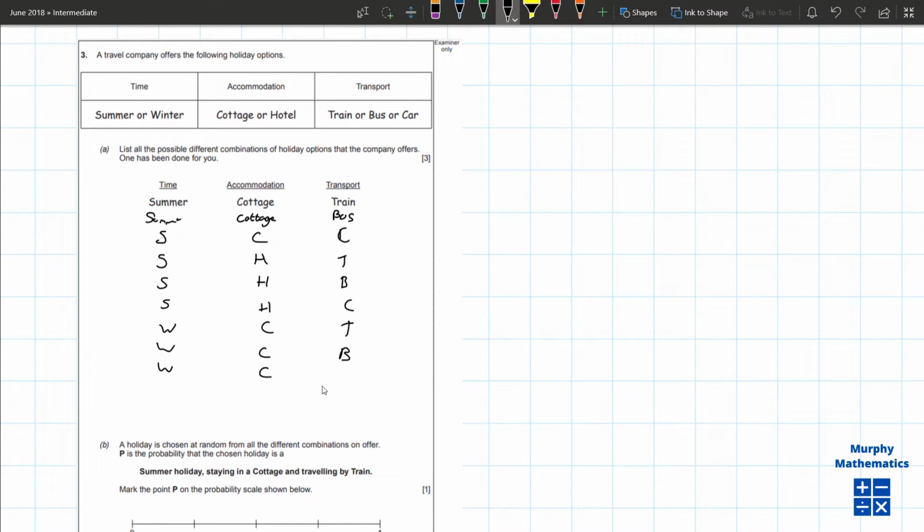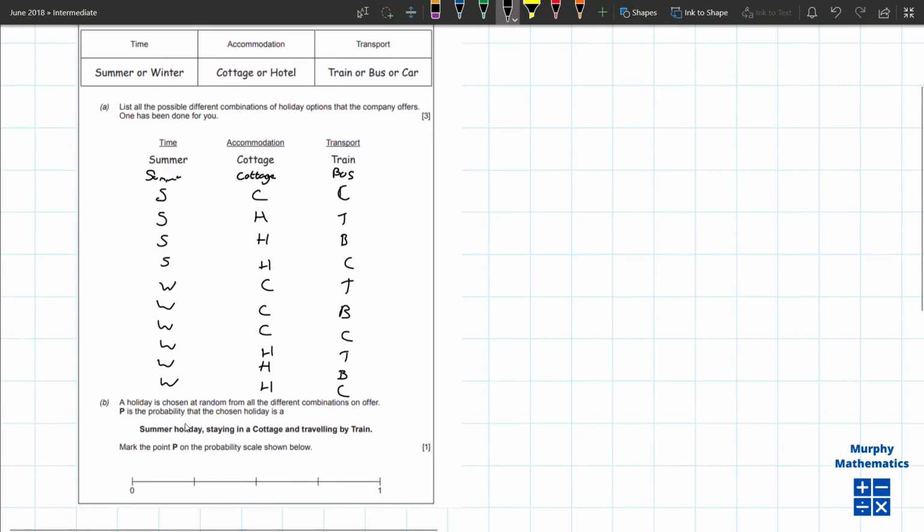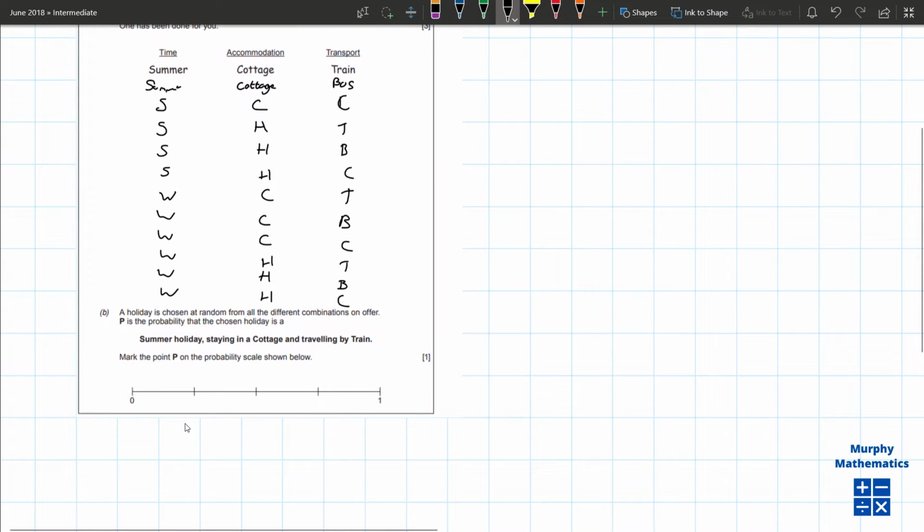Winter, cottage, car. Winter, hotel, train. Winter, hotel, bus. Winter, hotel, car. Great, and that's all my possibilities. I've got 1, 2, 3, 4, 5, 6, 7, 8, 9, 10, 11, 12 possibilities.